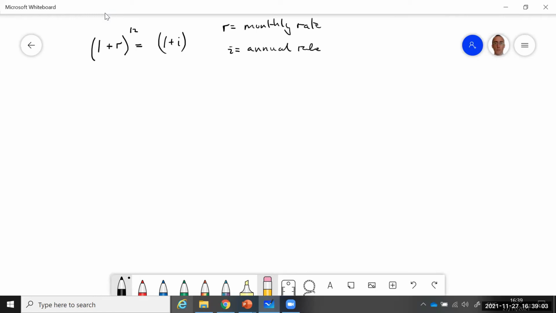So this is the formula that relates the monthly rate to its corresponding annual rate and vice versa. Therefore, r is the 12th root of (1 + i) minus 1.